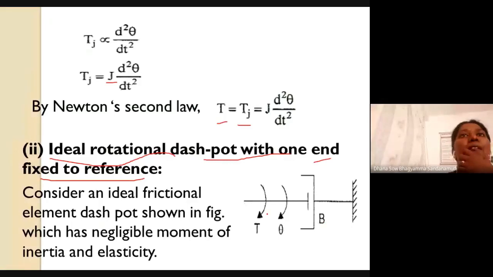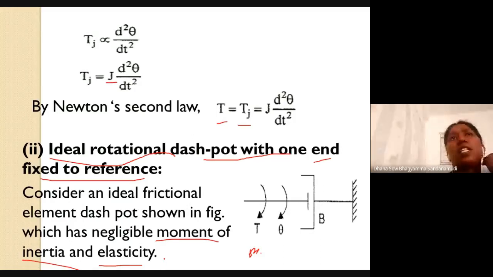Whenever we say ideal frictional element, we assume that the mass, moment of inertia, and elasticity are negligible. So we are considering only the frictional element here, and we are assuming one end is connected to the reference.